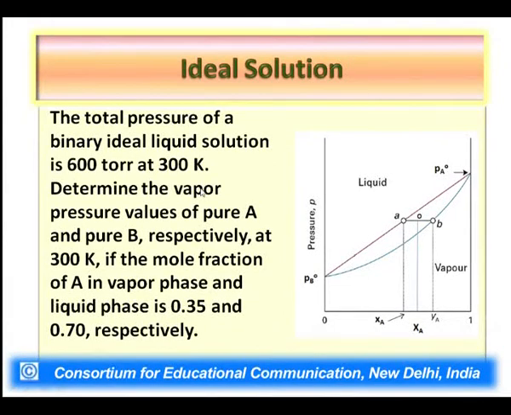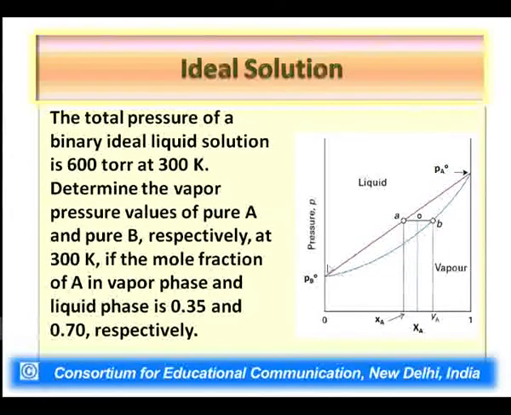We have been told that the total pressure is 600 torr, so some value of pressure on this y axis has been fixed. From that pressure, we now determine the vapor pressure values of pure A and pure B.